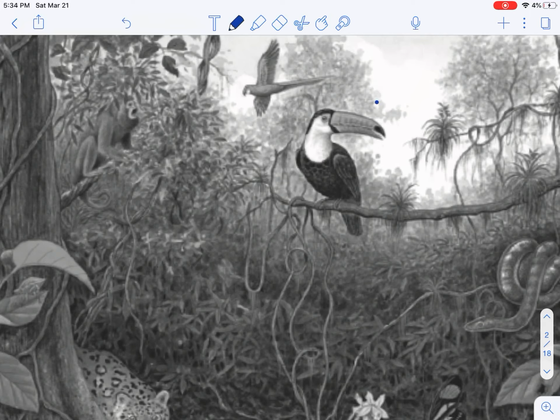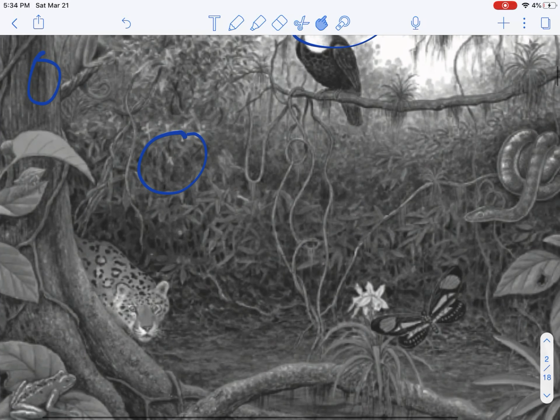So we've got this toucan, and we've got this bird here, and we've got all of these grasses in this tree, okay, and these animals, and this snake. Okay, these are all biotic factors.